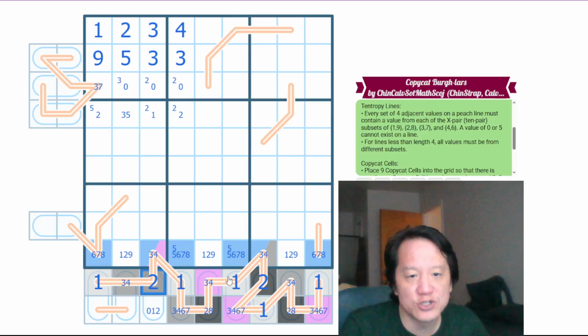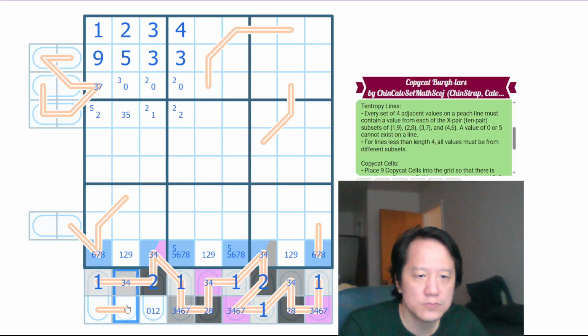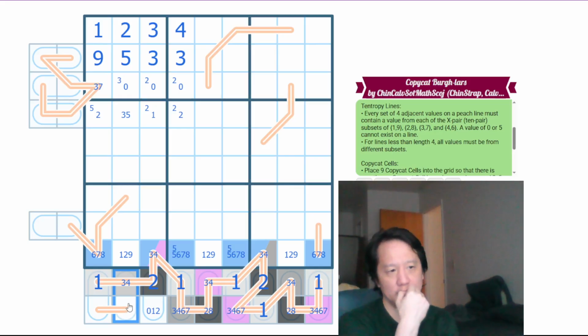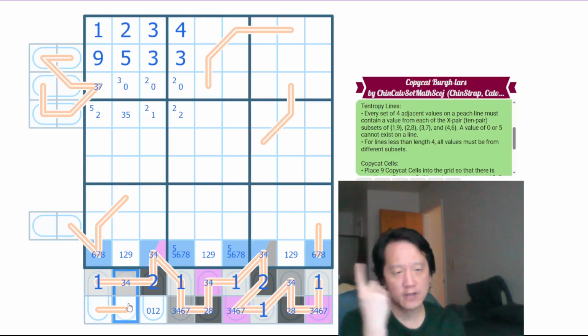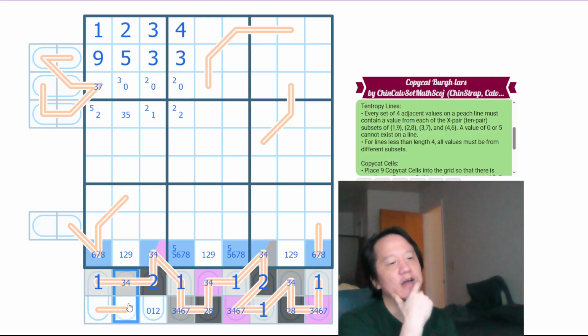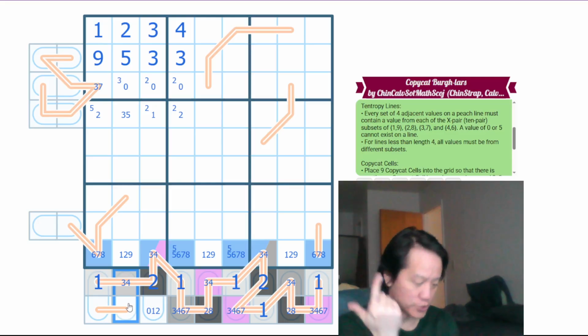All the possible 3s will always... Okay, so 37, that could be 37. Okay, what is the value of the 9 that's copycatted in row 9? It has to be value 1 or 2.